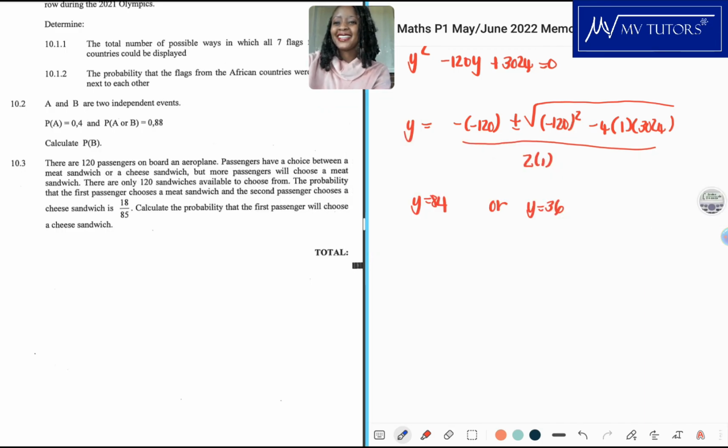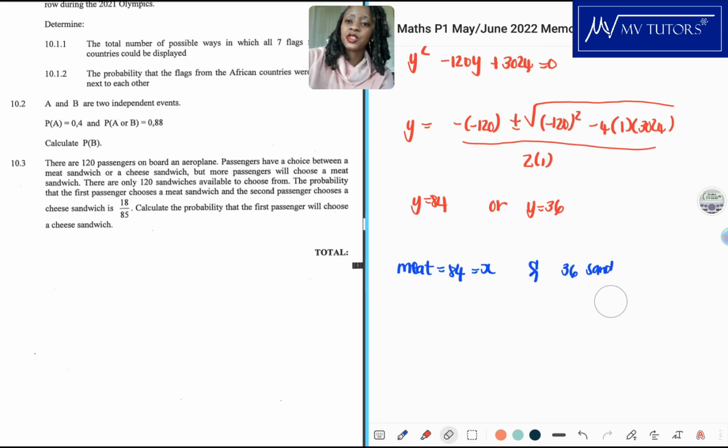So we can see which one is cheese and which one is meat. I would say that the meat is actually 84. There are 84 sandwiches of meat, so that is basically our x. And then there are 36 cheese sandwiches, because that is the least.